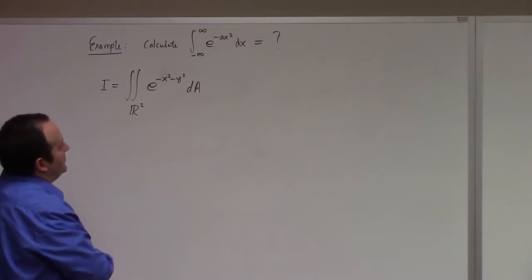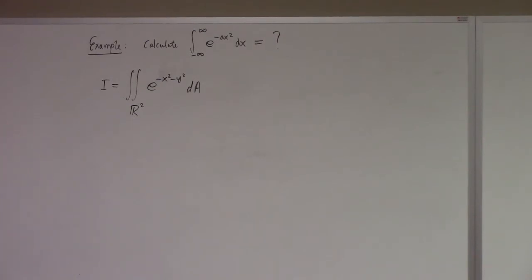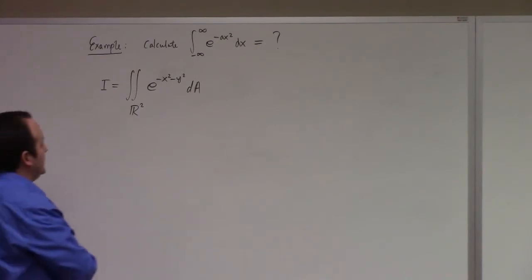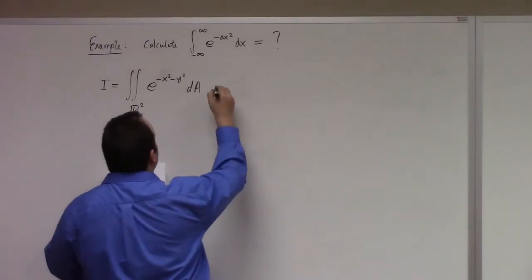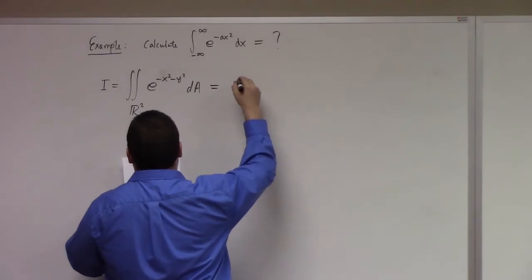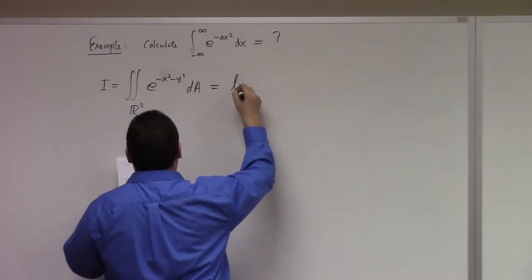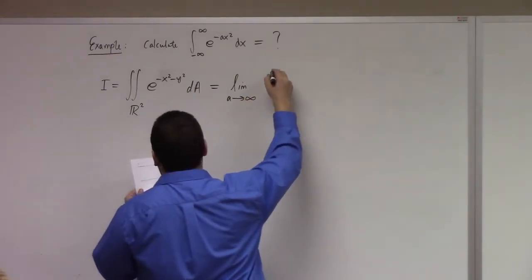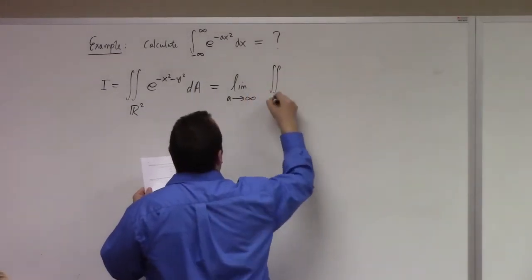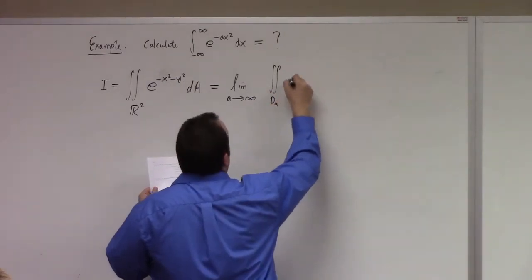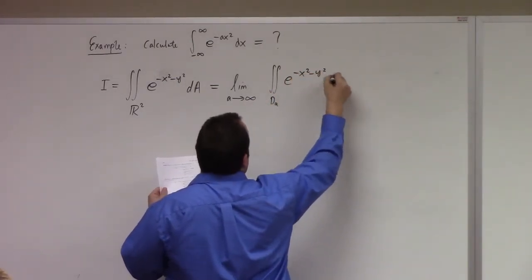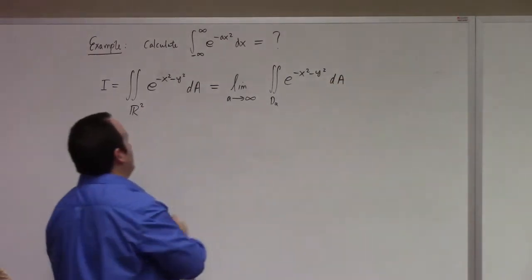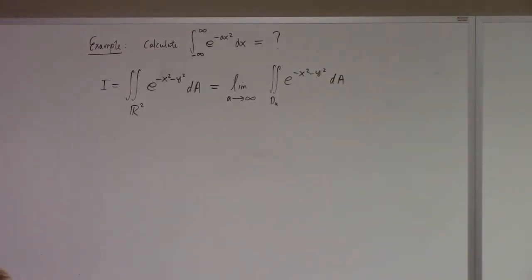If we can work this integral out for a being 1, you can do a simple substitution to get it back for a. So this is defined to be the limit as a goes to infinity of the double integral over the disk of radius a of e to the minus x squared minus y squared dA. That's how I'm defining the integral over the plane, in terms of larger and larger disks. All right?